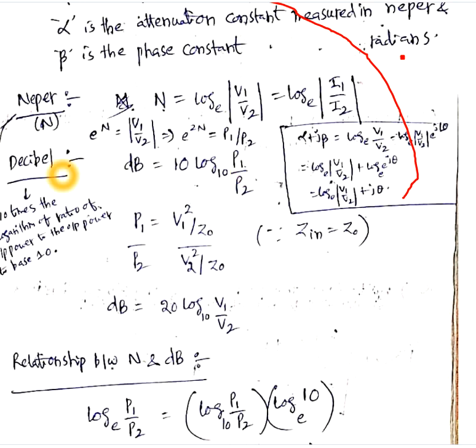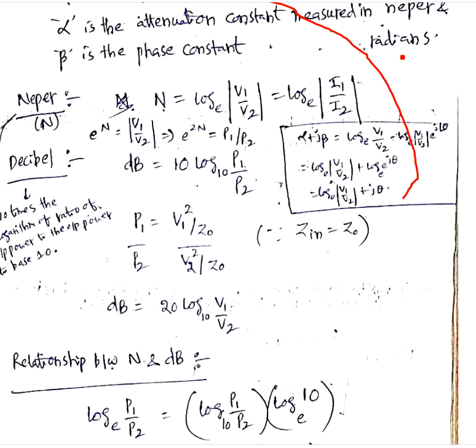Right? So we have decibels. So dB is equal to 10 logarithm of P1 by P2 to the base 10, right? So it is with respect to decibels. So for decibels we consider logarithm to the base 10, right? So with this what we can write, P1, okay, first we will get P1 by P2.